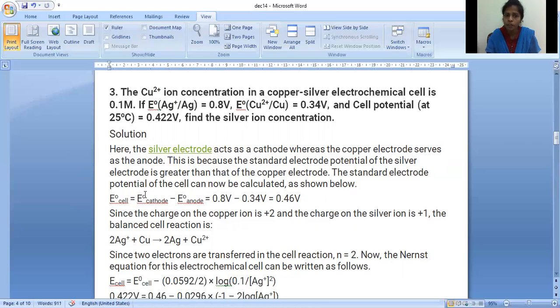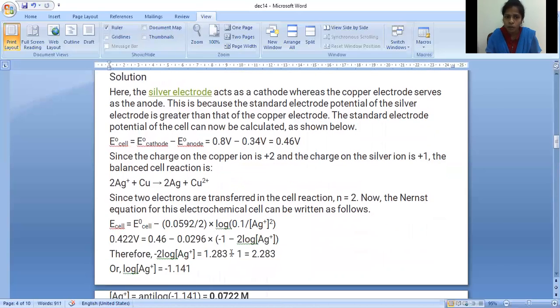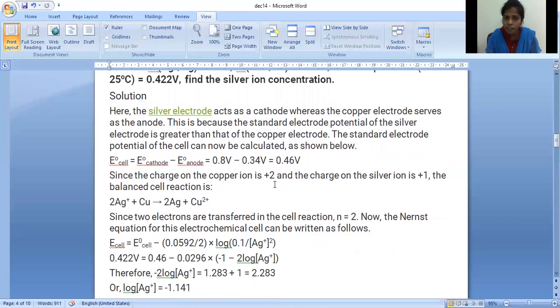But we know the E cell formula from the Nernst equation. E cell is equal to E naught cell minus 0.059 by n into log Q. So now we know E naught cell from here. E naught cell is 0.46 minus 0.059 by 2, because the number of electrons is 2.